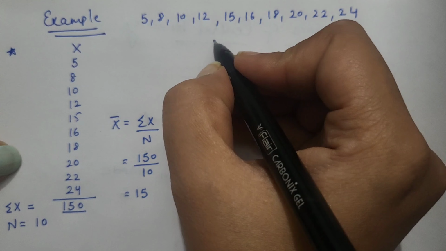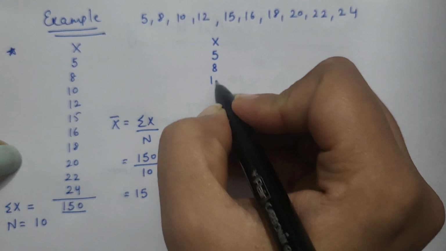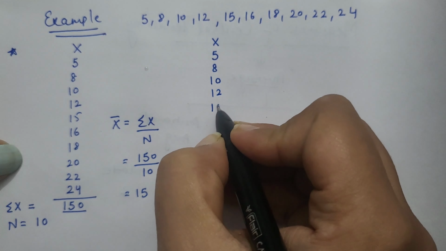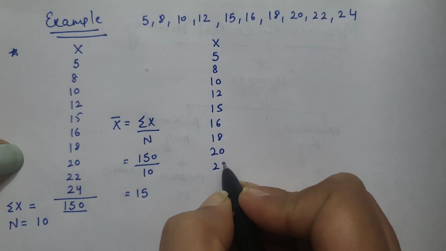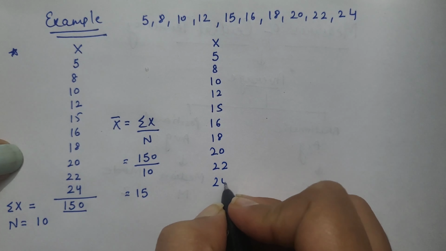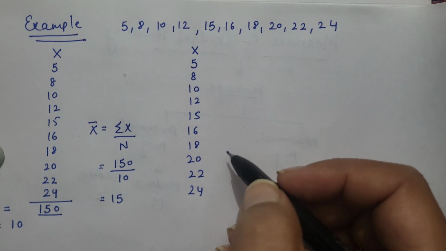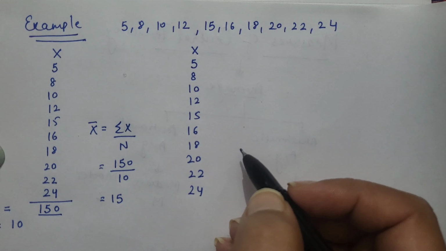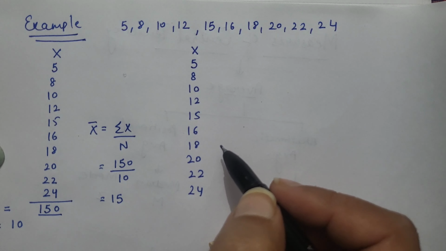Same question can be solved with the other method. I am repeating all the observations again. In this method, we have to take assumed mean. From this data, you can pick any of the items.